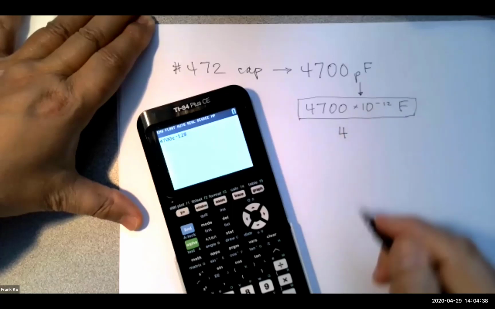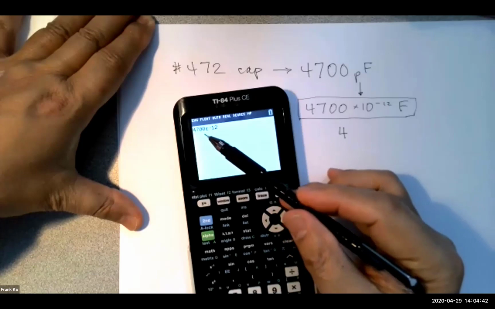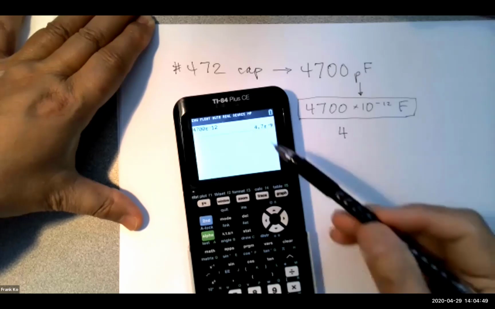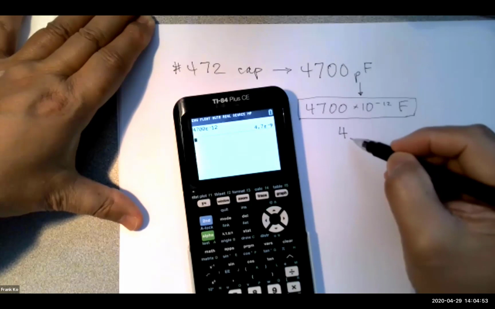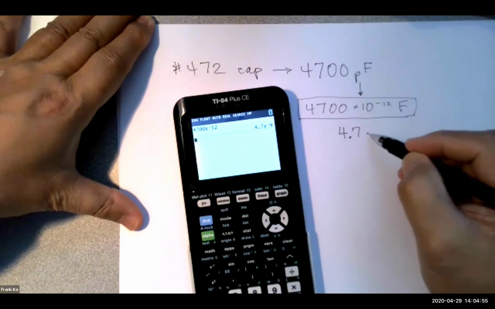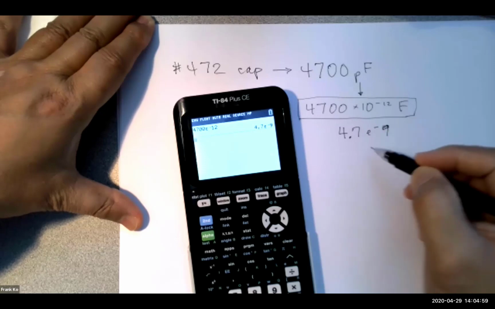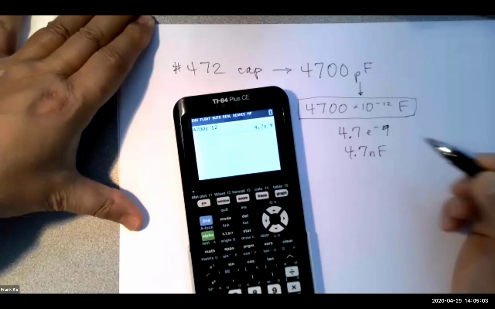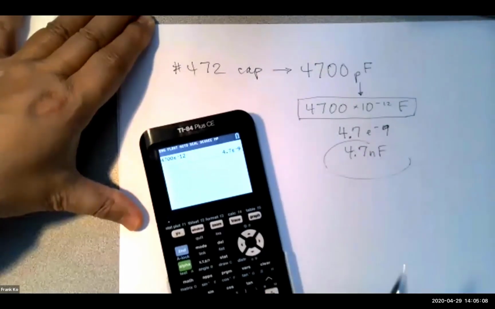So when you key this into your calculator, 4,700 exponent negative 12, the moment I hit enter, because my calculator is set up in engineering mode, this will give me the engineering equivalent. So it is 4.7 E negative 9, which means 4.7 nanofarads.